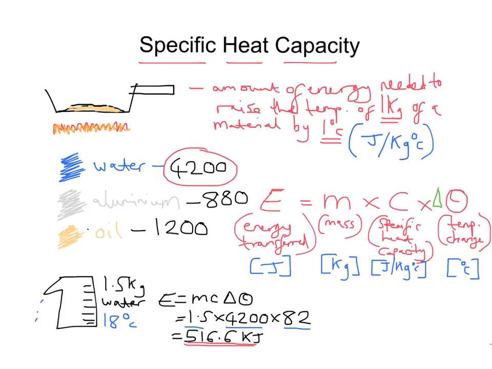So water can transfer a lot of energy. Because of this, we don't need to keep pumping water very, very quickly around the central heating circuit. So, in answer to the question, why is water used in central heating systems? It's because, one, it transfers a lot of energy, and two, it can do that slowly. We don't have to keep pumping the water very, very quickly.